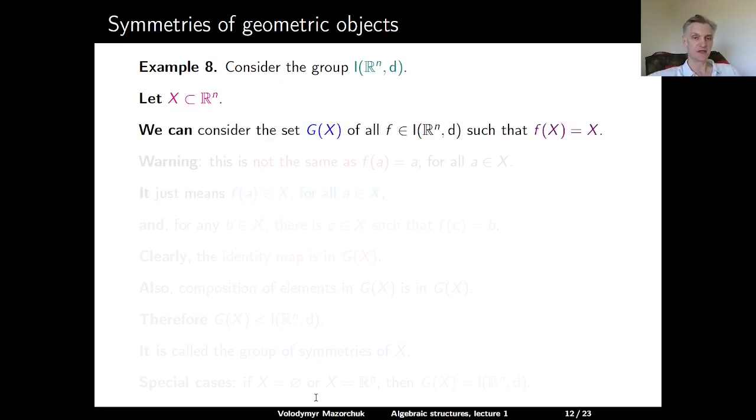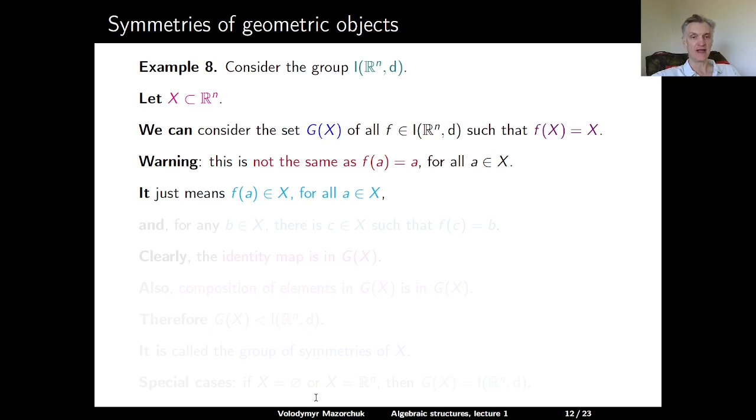Now we can consider the set G of X of all isometries which preserve X, which means that f of X is equal to X as a set. Warning: this is not the same as asking for f of a to be equal to a for any element a in X.